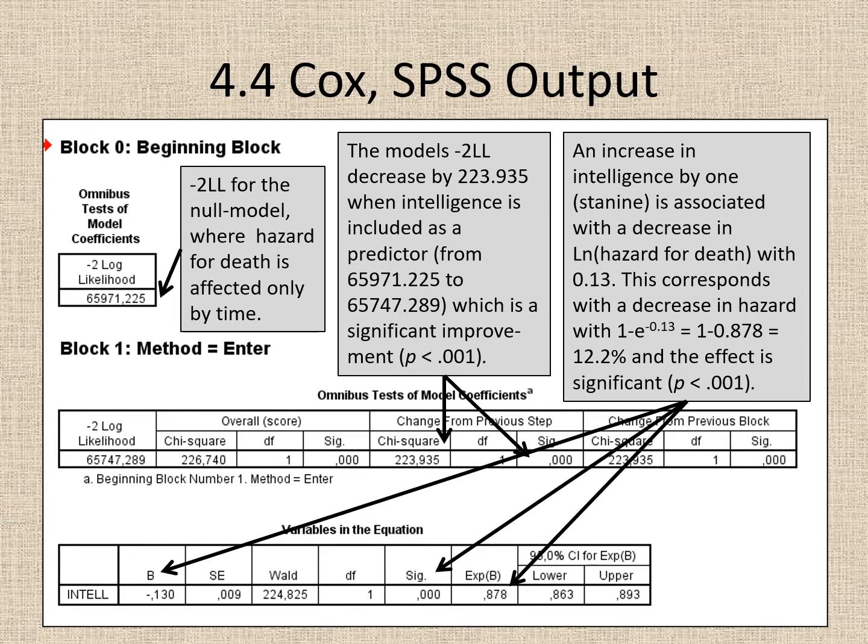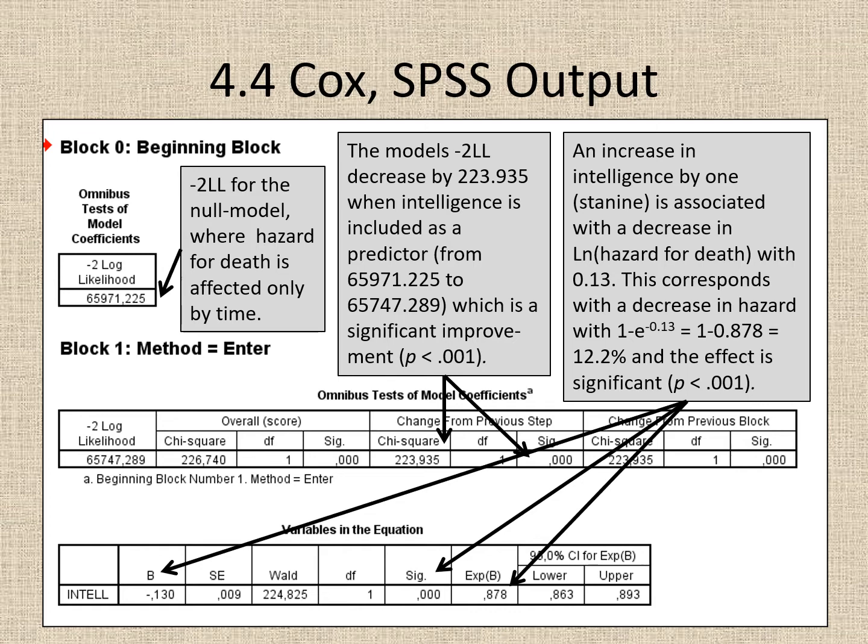And of course, the larger your sample, because you're always multiplying with something that is less than 1, the more data you have, the lower is the likelihood. The lower is the likelihood, the higher is the -2 log likelihood. So we don't really care about its absolute value here. But that's what the null model has.